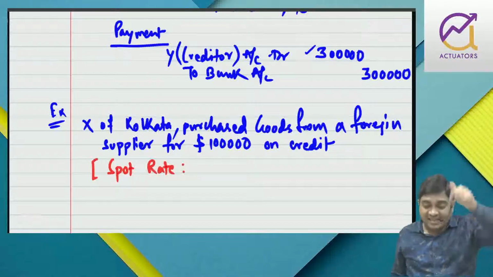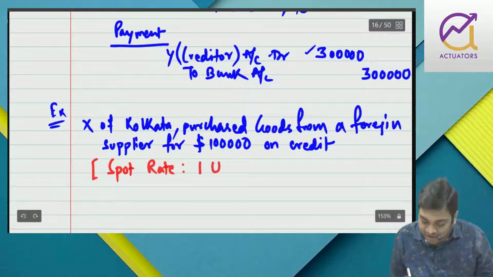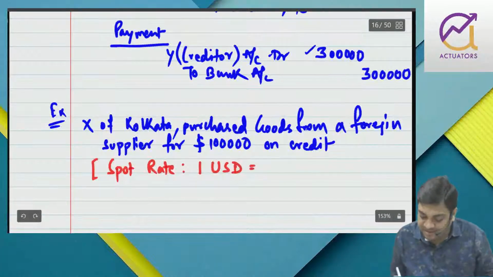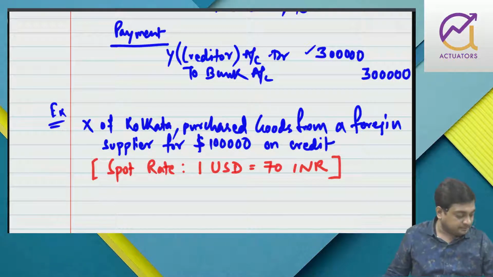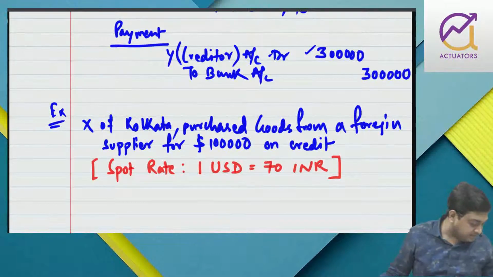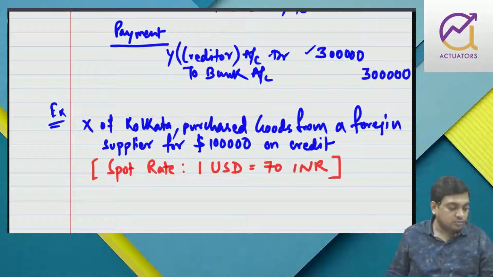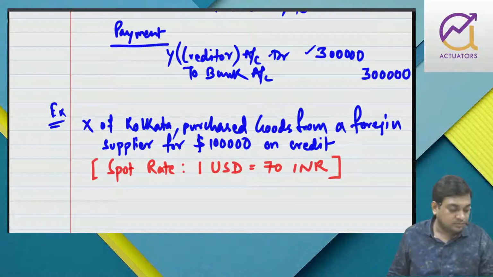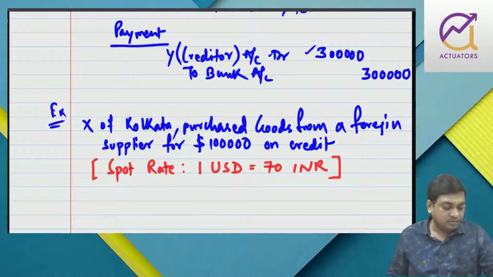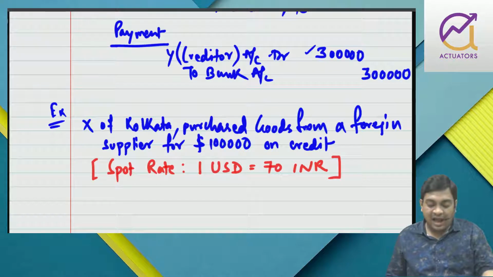Spot rate is today's exchange rate. So 1 USD is equal to 70 INR. This is the spot rate.